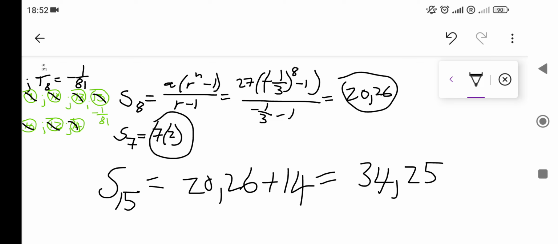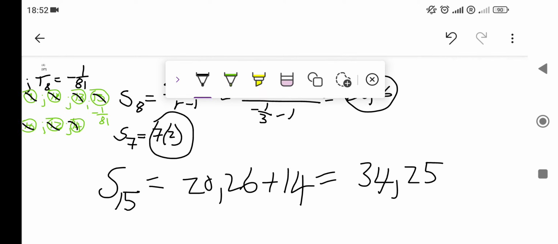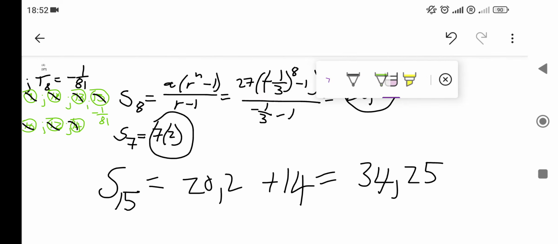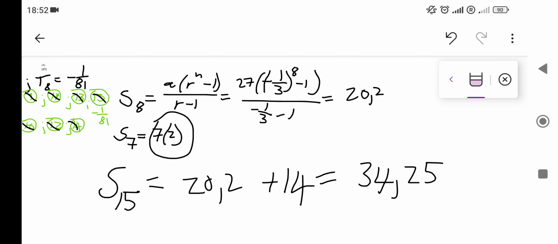Rounding off was wrong there, so we'll just fix that quickly. This should have been a 5. Okay, there we fixed that. So that is our answer.